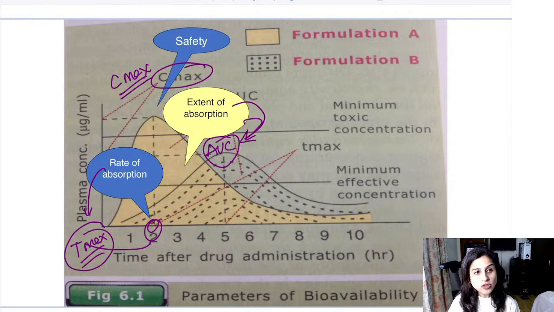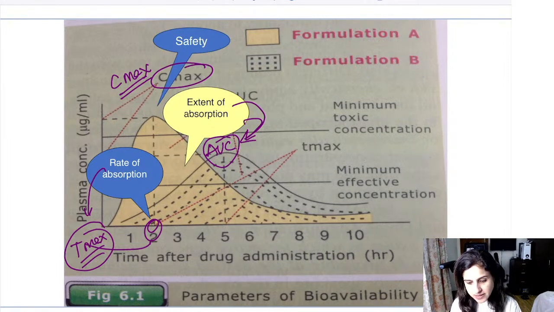A medicine whose maximum concentration comes later, and whose effect would be later on, you will not prefer. So the drug which acts faster, we'll prefer over the drug which reaches the systemic circulation at a later stage. That is the importance of the rate of absorption, right?